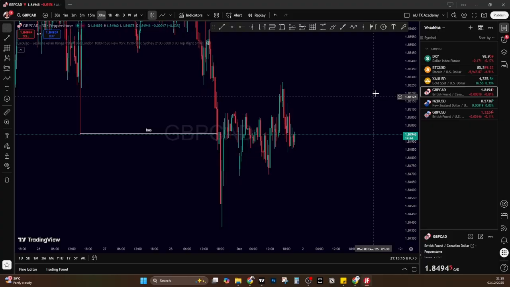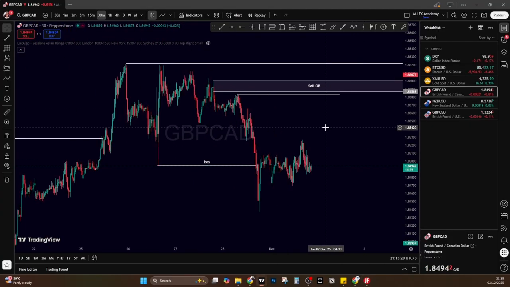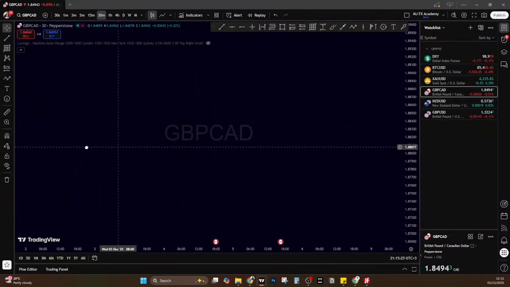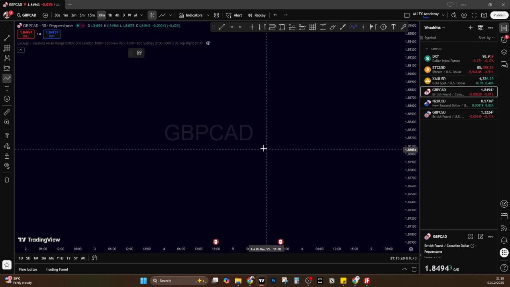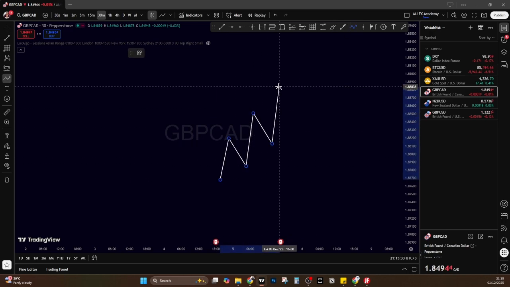All right, now QML. QML, I think we learned this last time. But okay, let me just make it clear what a QML is. If we are going in an upside like this, but when the market gets here, it's unable, now it creates a higher low, but it is unable to create a higher high.